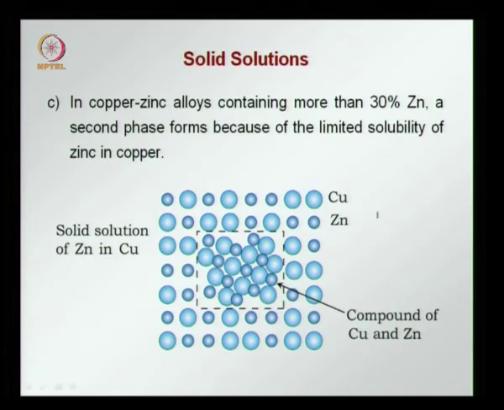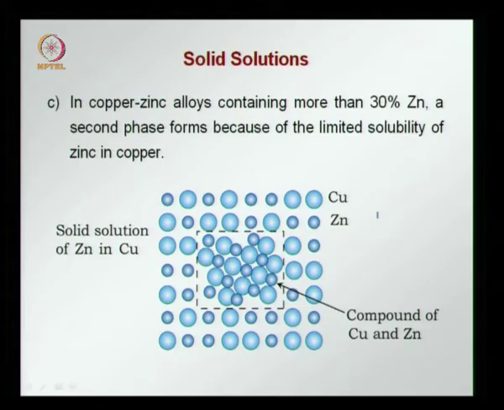However, we have other alloys which do not exhibit complete solubility. For example, in the case of copper and zinc, where the zinc content is more than 30%, we find that instead of having a random distribution of copper and zinc atoms, we have a second phase forming.